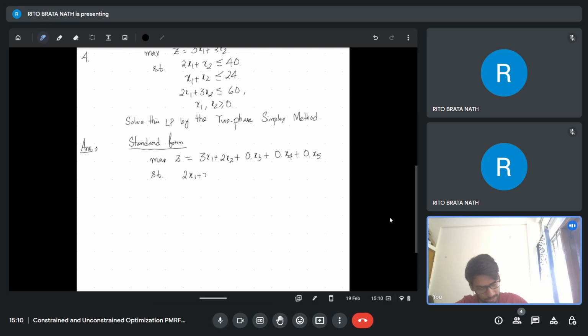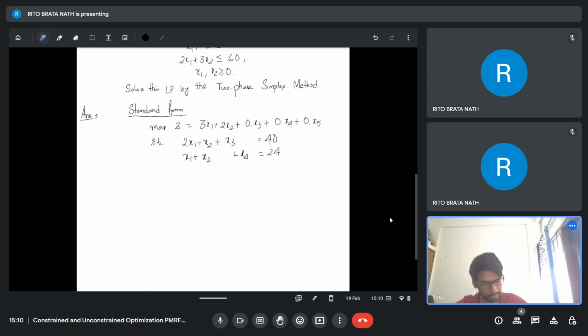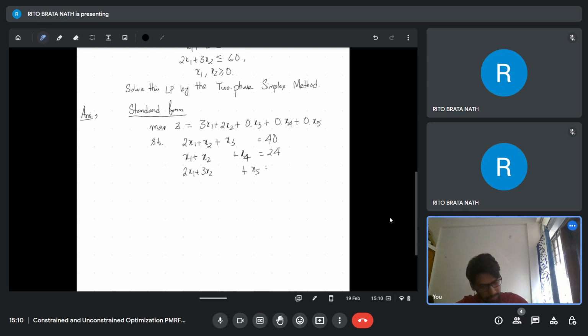Then you have 2x1 plus x2 plus x3 equals 40. Then you have x1 plus x2 plus x4 equals 24. And 2x1 plus 3x2 plus x5 equals 60, and x1, x2 up until x5 are all non-negative.